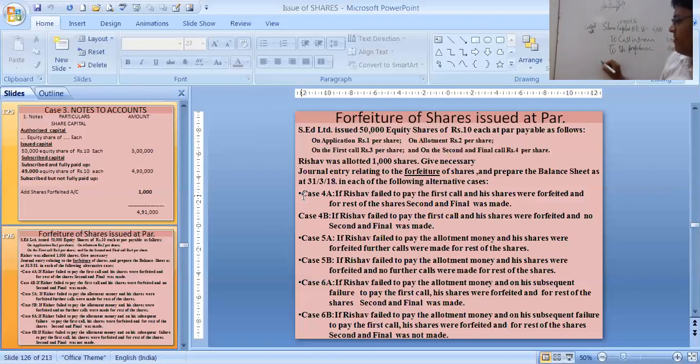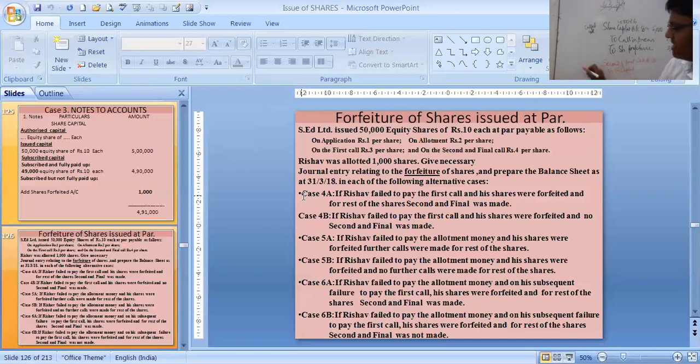One, money will be called for the second and final call. So when money is called, second and final call account debit to share capital. How much is the second call? 4 rupees per share.